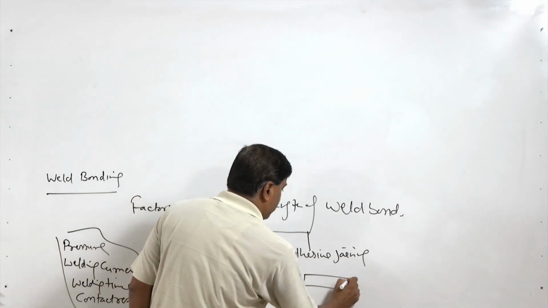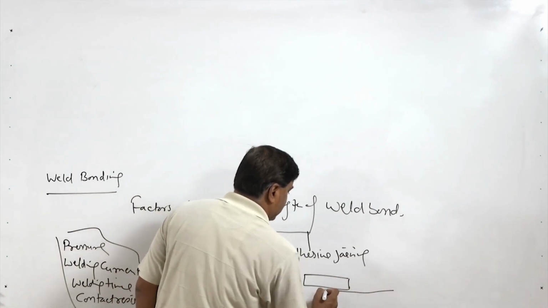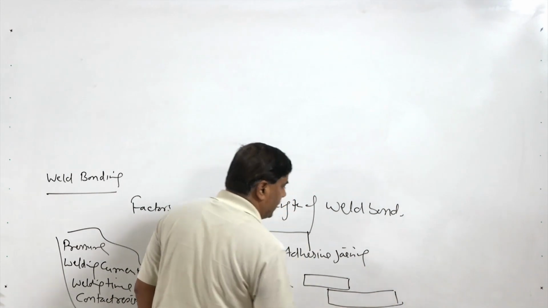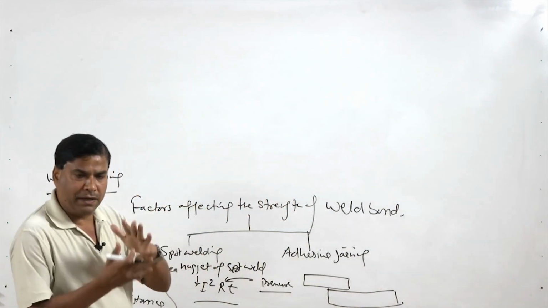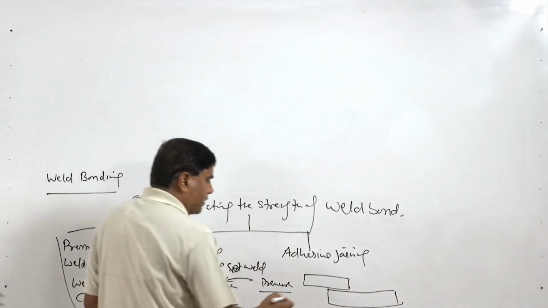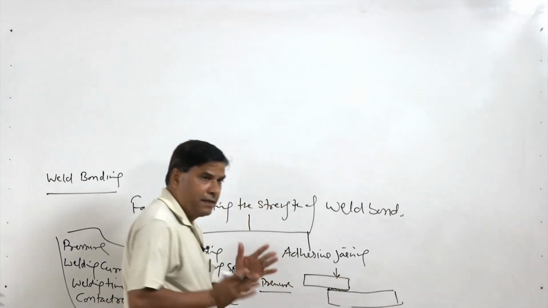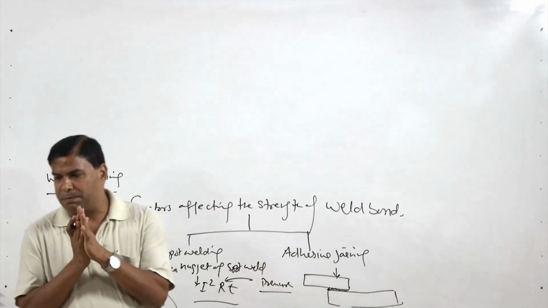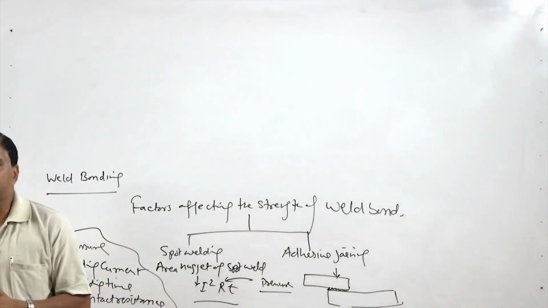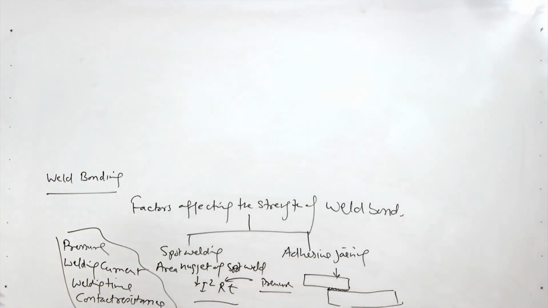When the pressure is less, there is a possibility of arcing, but when the pressure is sufficient, arcing is avoided and the contact resistance is high enough. But if the pressure is increased further, too much closeness between the asperities will reduce the contact resistance, which in turn will reduce the heat generation.